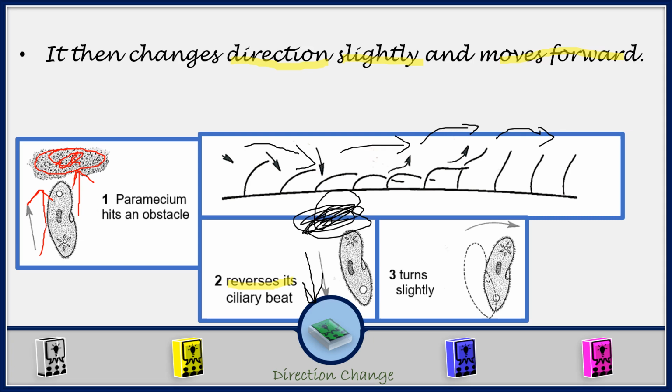When it has moved backwards far away from the obstacle, it will turn slightly from its original position to a new position, and then it will start moving forward again.